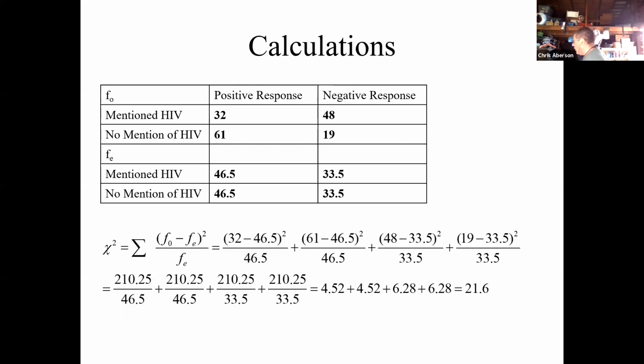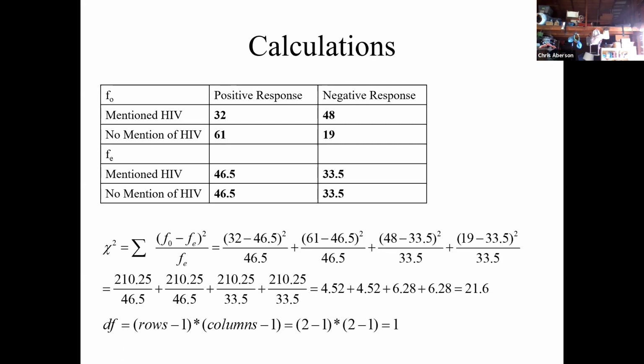All right, so the calculations here. Again, really straightforward calculations, not really much complexity involved. Simply for each of these cells, we're going to take the observed minus the expected, square it, and then divide by the expected. We do this and it comes out to 21.6. Where does 21.6 fall in terms of being able to reject the null hypothesis or not?